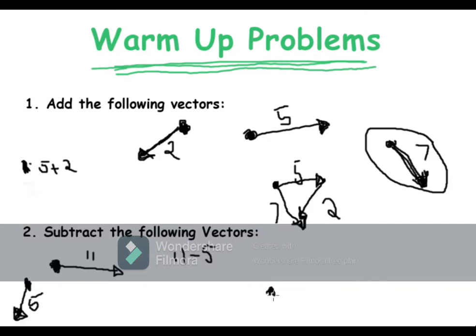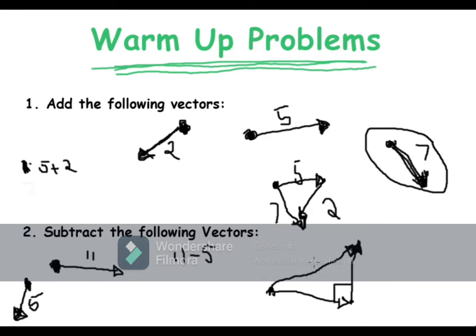Negative 5 is the opposite direction of 5, which means it's probably this way. So you see you get a right triangle.